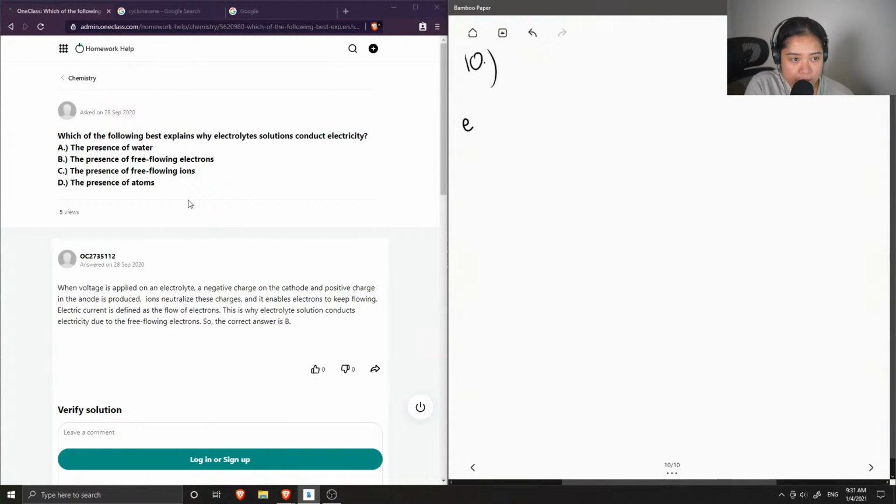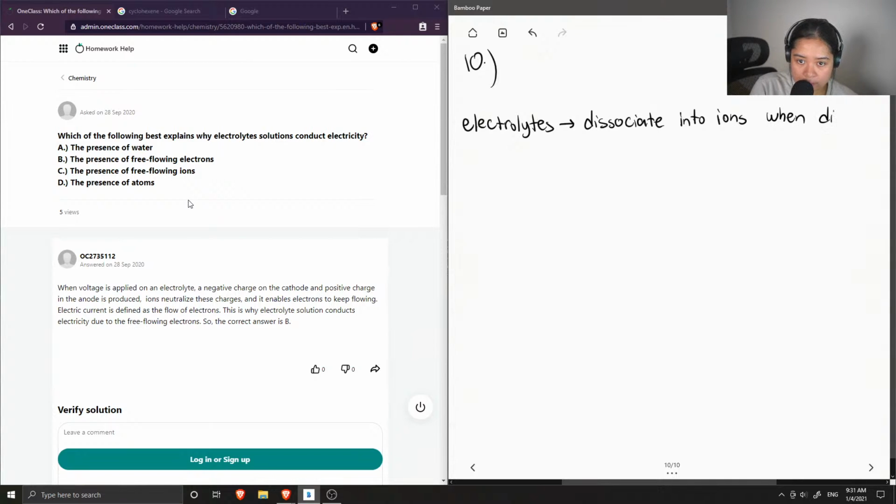Okay, so first I'll just give a brief definition for electrolytes. So electrolytes in general, they dissociate into ions when dissolved in water.